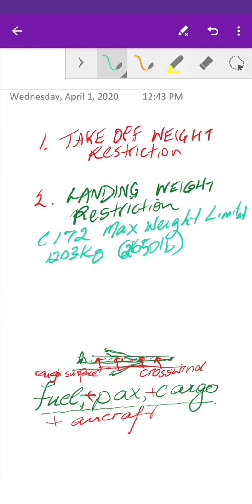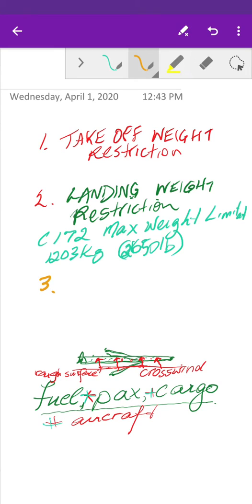So when you add the fuel plus the passengers plus the cargo plus the weight of the aircraft, if it exceeds this maximum weight, then you cannot take off. You need to unload some cargo, unload passengers, or even have a plane with less fuel.